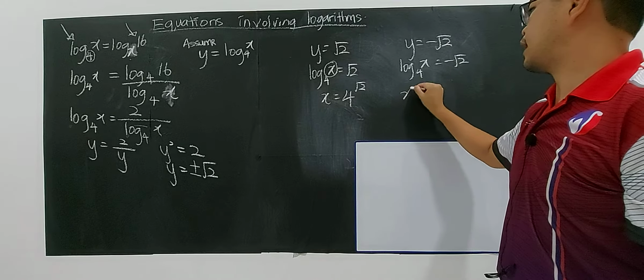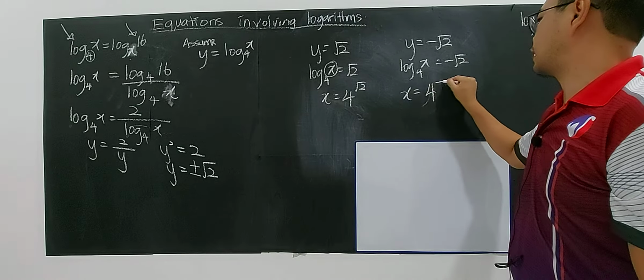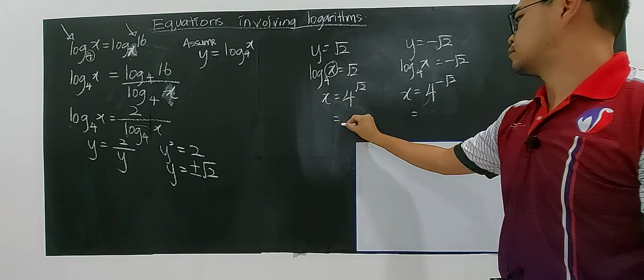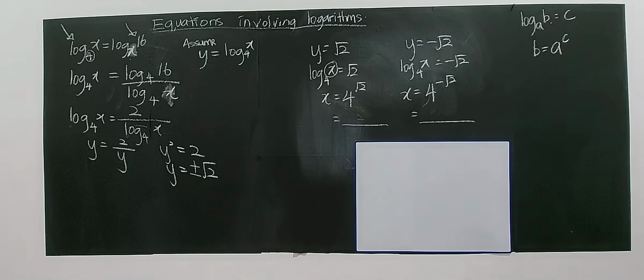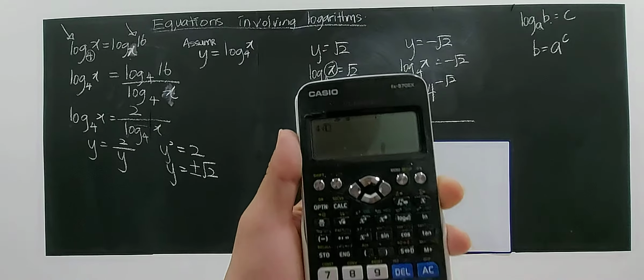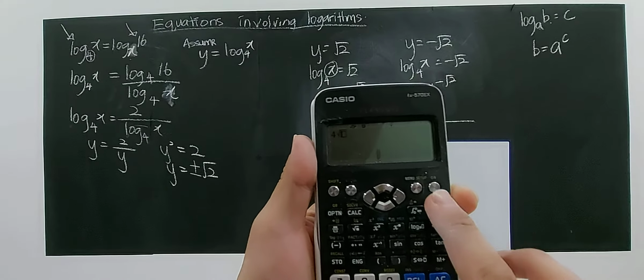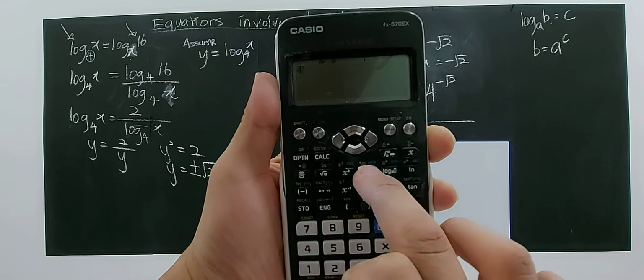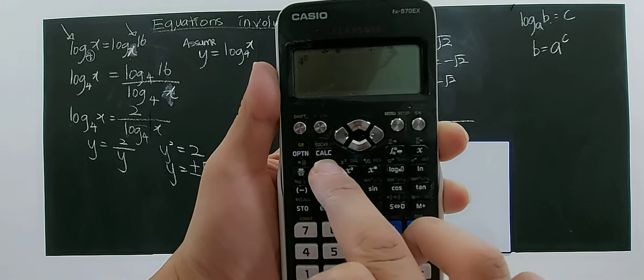And for this one, x equals to 4 to the power of negative square root of 2. You can change to decimal, right? To calculate the value, 4 to the power of square root of 2.